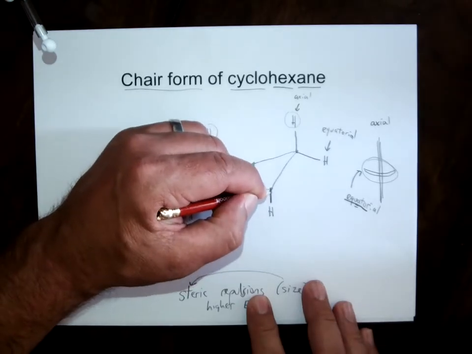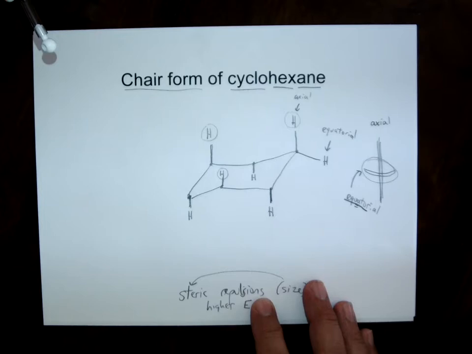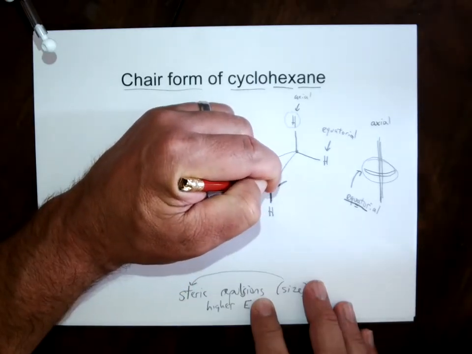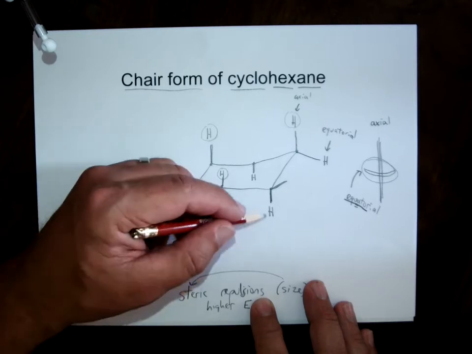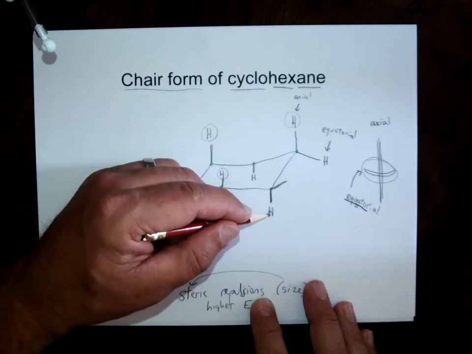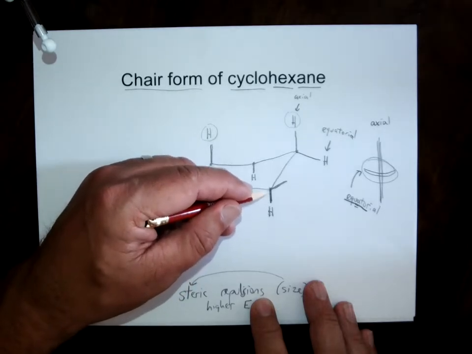The thing that is also good to think about is once I've drawn in the axial hydrogens, which are really easy to draw in, I put in the equatorial hydrogens, and this business of whether something's pointed towards the top of the ring or the bottom is really important. So this hydrogen is pointed towards the bottom of the ring, or below the ring, towards the ground, and it's axial, pointed straight up or down.